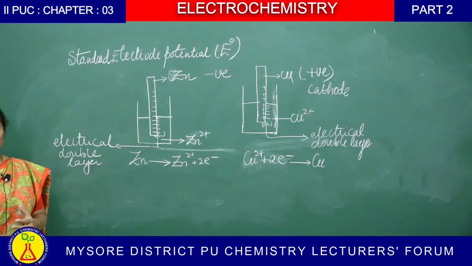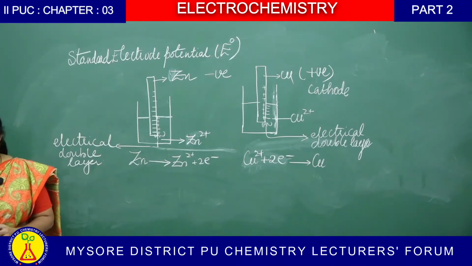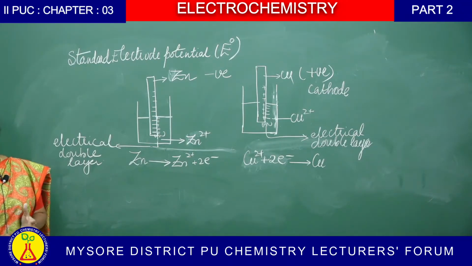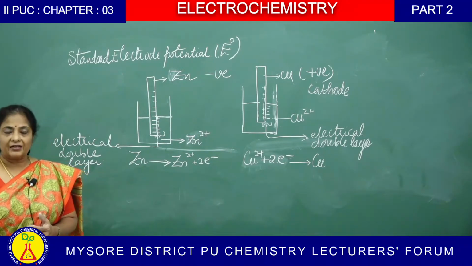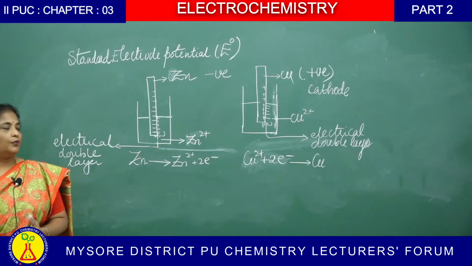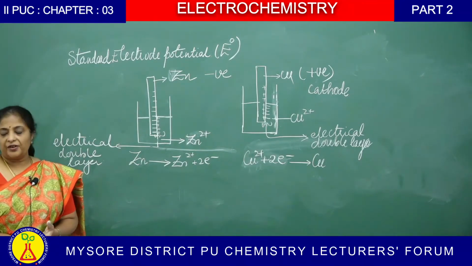So, you know the two values in the equation: the EMF of the cell, and the electrode potential of one of the electrodes is known.